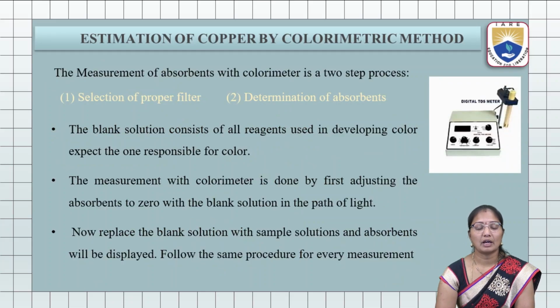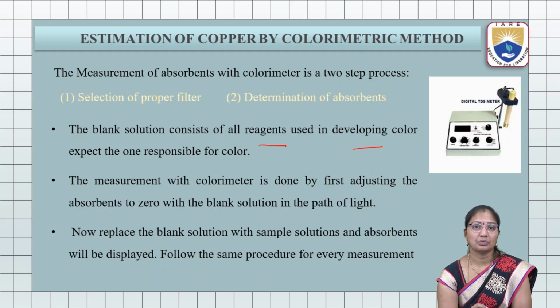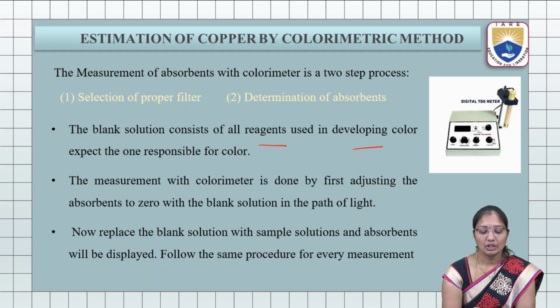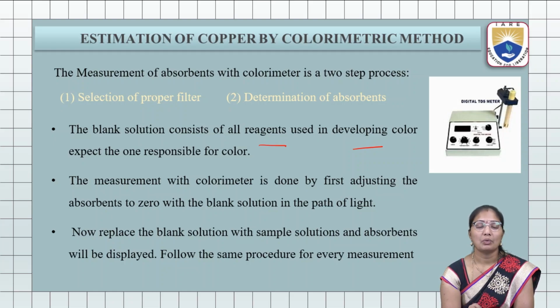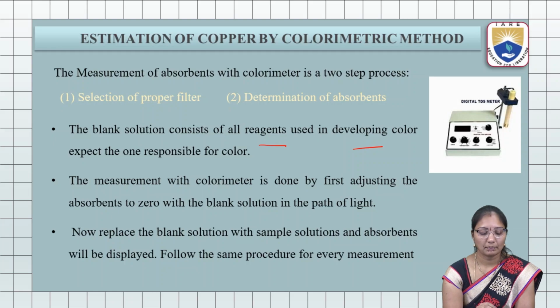Then the measurement of absorbance with a colorimeter is generally a two-step process. The blank solution consists of all reagents except the color-developing one. If some stabilizing agent is used, like sulfuric acid in the preparation of the copper sulfate solution, some amount of sulfuric acid is added. So the blank here is nothing but a mixture of sulfuric acid and water, with no copper added inside the blank solution.